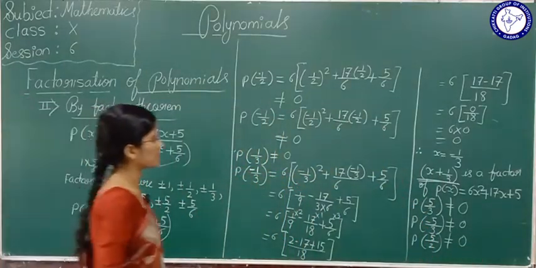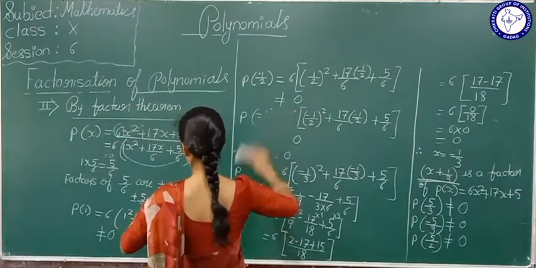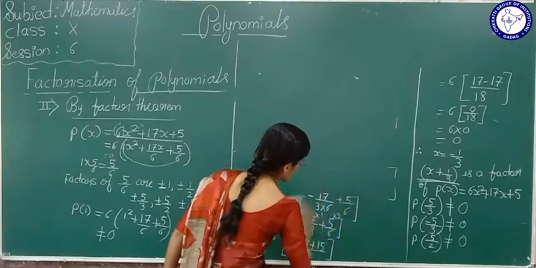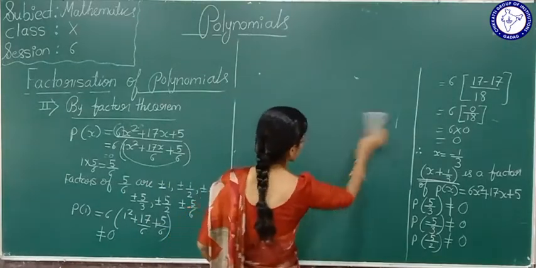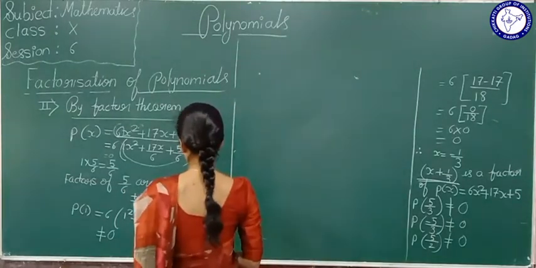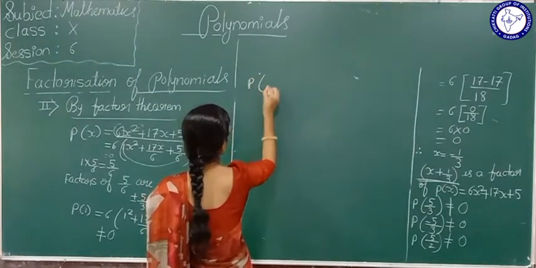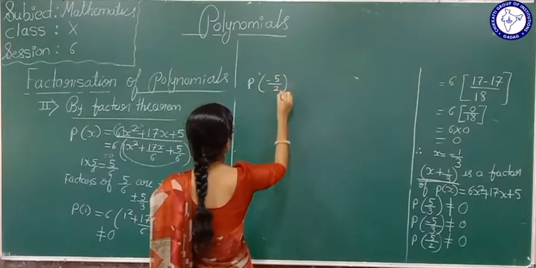Next we will go for minus 5 by 2. Go for p of minus 5 by 2.